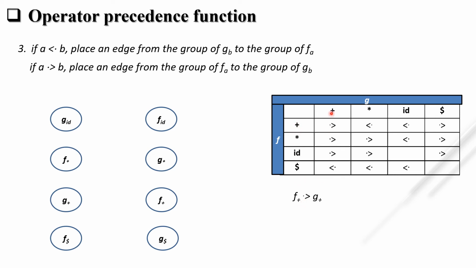F of plus and g of plus, what does it give? It gives a greater than symbol towards f, so we put this arrow from f of plus to g of plus. It is very simple, we only have to add this arrow here. So from f of plus to g of plus we have one directed edge.